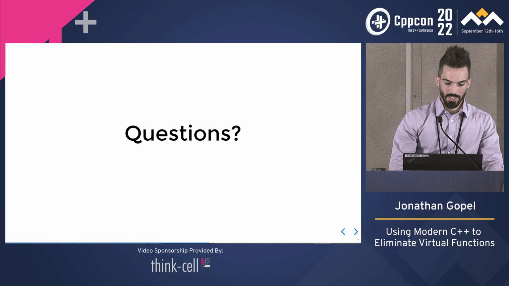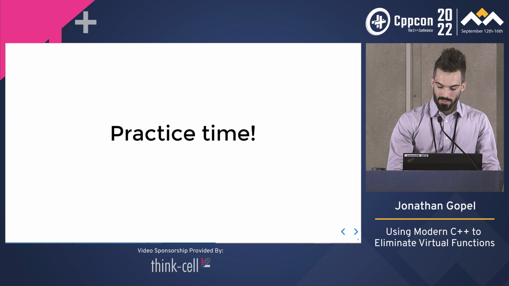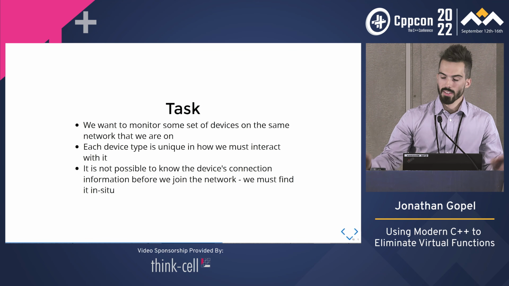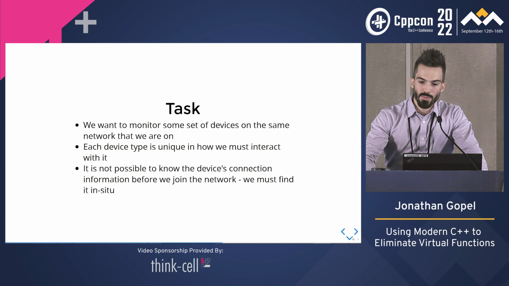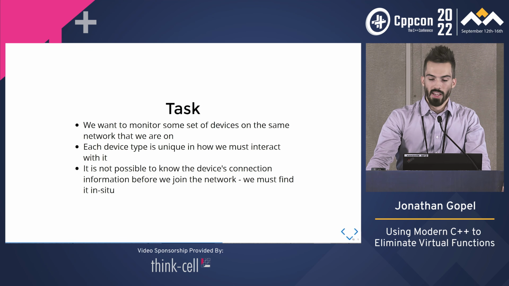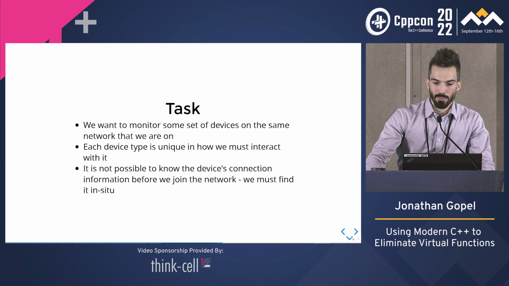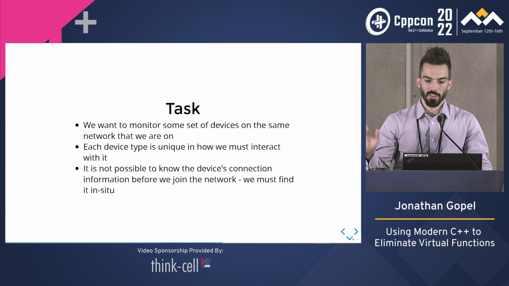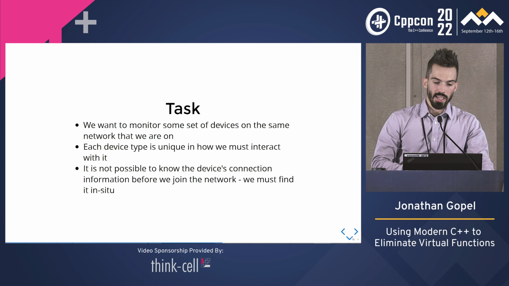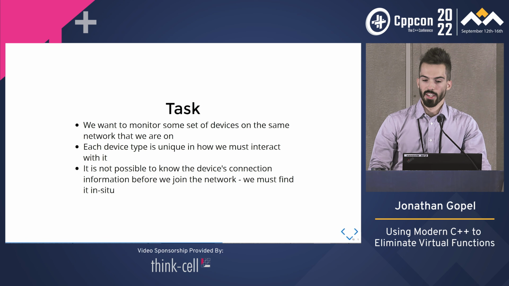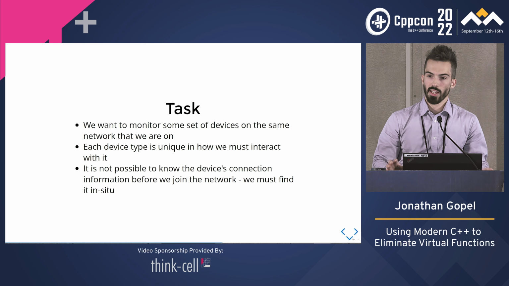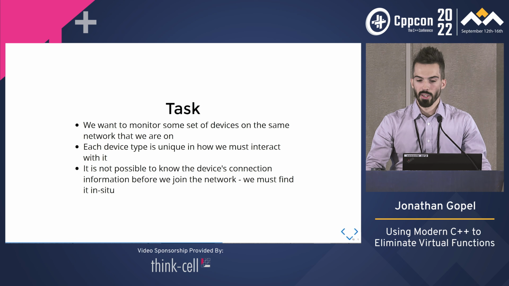All right, so practice time. Let's lay out a task. We've got some set of devices that are on the same network that our binary is going to run on, and we can interact with them. We've got no networking restrictions. Each class of device is unique in how we interact with it.